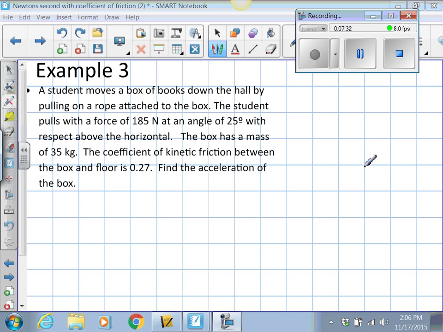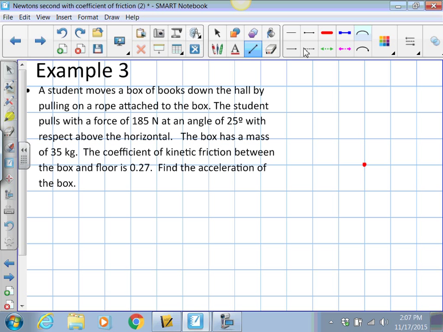So let's start with the force diagram. Okay, so there's our box of books. We've got the student pulling with 185 newtons at a 25-degree angle. We're not trying to sketch these precisely, you can if you want to, but we're just trying to get an idea here.